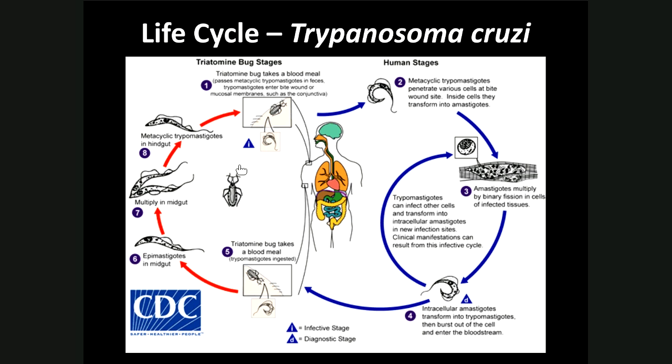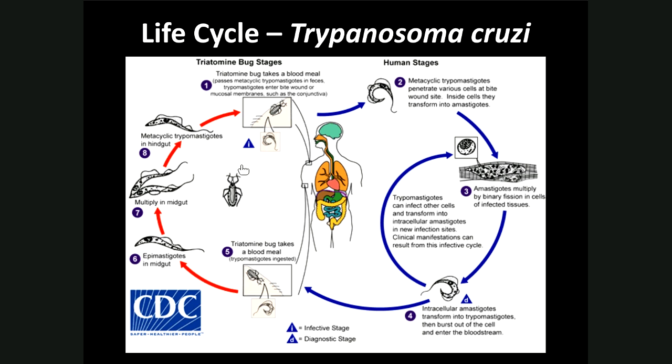After the bug bites you, it can create some discomfort in the area of the bite, causing the bitten human to rub the wound, which could end up spreading the Trypanosoma cruzi into the mucosal membranes, such as the conjunctiva of the eye.